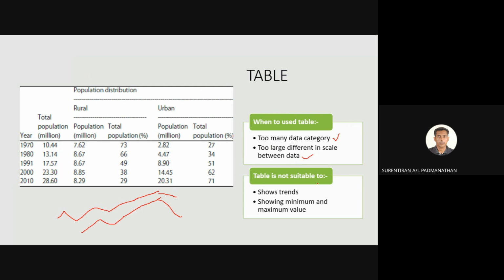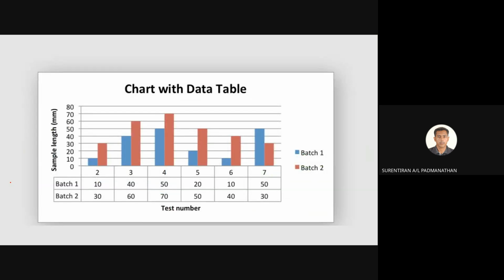A table is not suitable to show trends, and also for showing the minimum and maximum values. But from the table, you can change the line graph into a table.